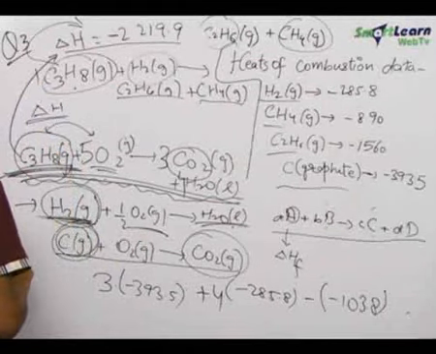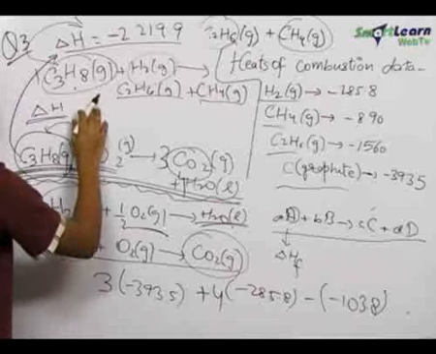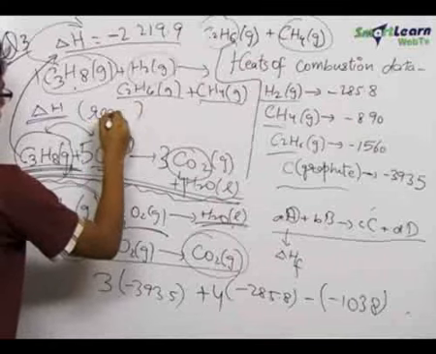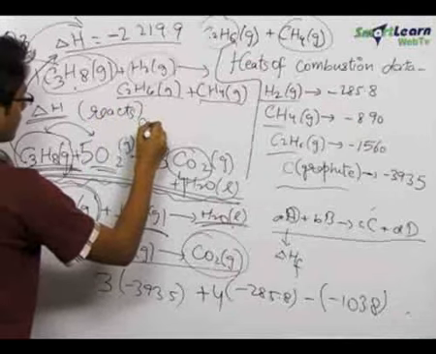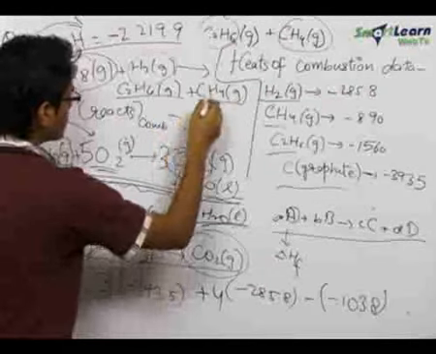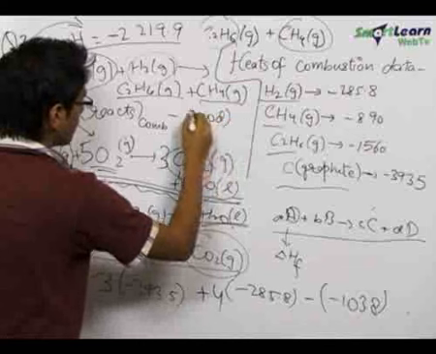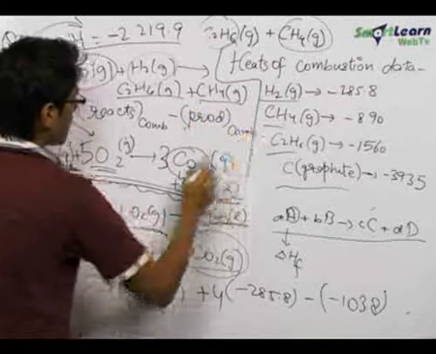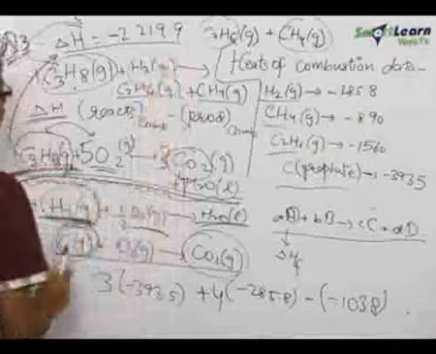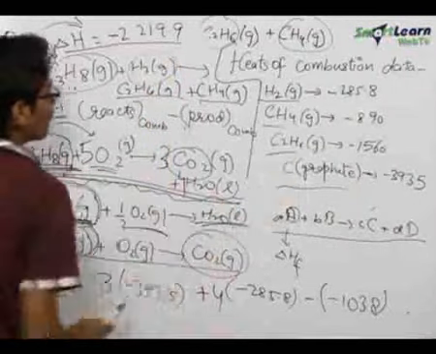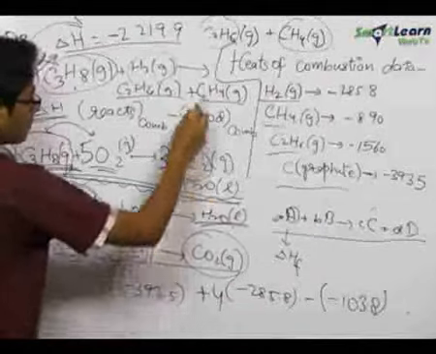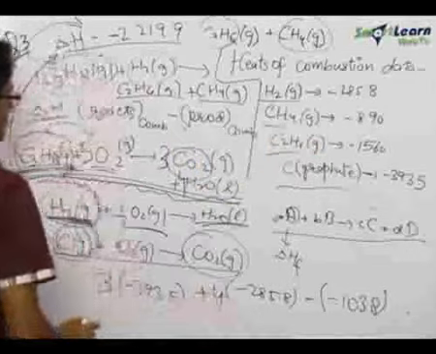The delta H, or the enthalpy of this reaction, is just the sum of the enthalpies of combustion of C3H8 and hydrogen, the reactants, minus the heat of combustion of the products, which is C2H6 plus CH4.